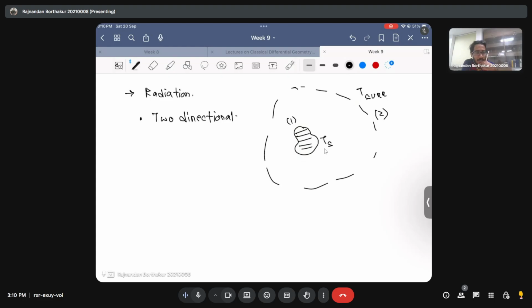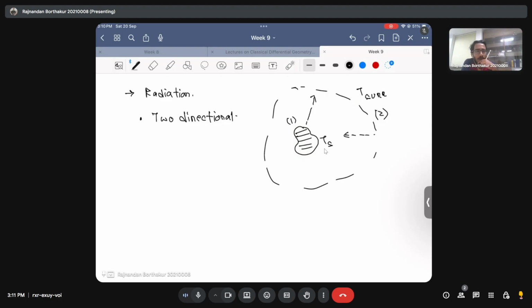There is radiation exchange from the smaller body 1 with body 2, and also radiation exchange from the surrounding with the first body.